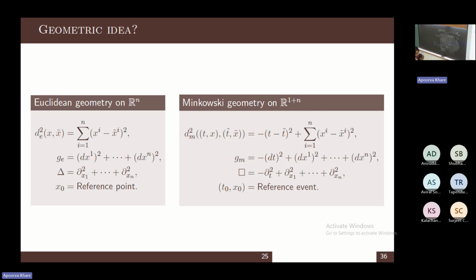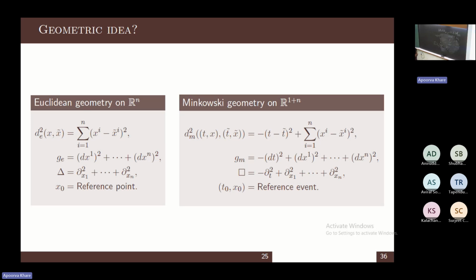Over there, you have what you get from the Euclidean, but also an extra term coming from the time contribution, minus t tilde squared. It is very important that there has to be a minus here. This sign should be different from whatever you put here. You can put plus here and minus there, but either way it should be different. The metric here is what we already know, and the metric for Minkowski is minus del t squared, and the rest is from Euclidean.